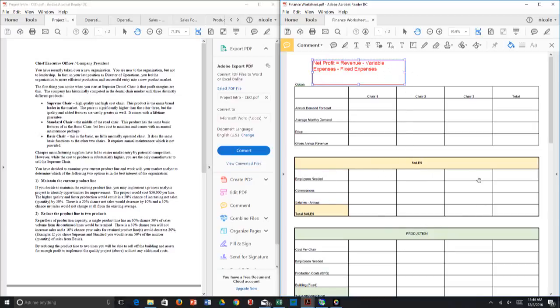We know that our sales department has both fixed and variable. So our commission is our variable. And our salaries are fixed. So let's add these little comments here so that we don't forget which portions that we need to calculate.